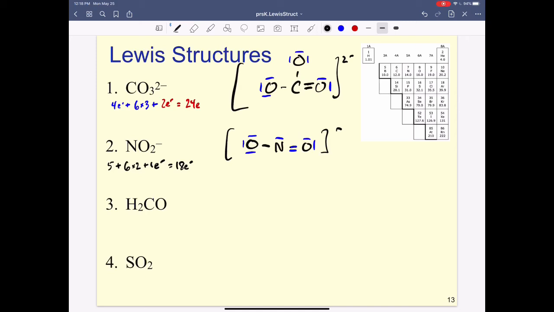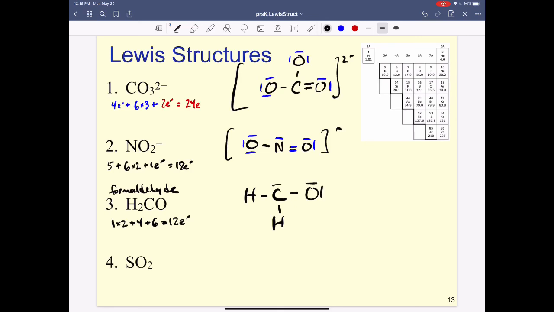Next we'll try formaldehyde: 1 electron times 2 plus 4 plus 6, for a total of 12 electrons. Now the order that they are arranged would imply that we would want to put hydrogen attached to carbon with another hydrogen attached and then an oxygen. We've used up 3 of the 6 lines available, and so 3, 4, 5, 6.